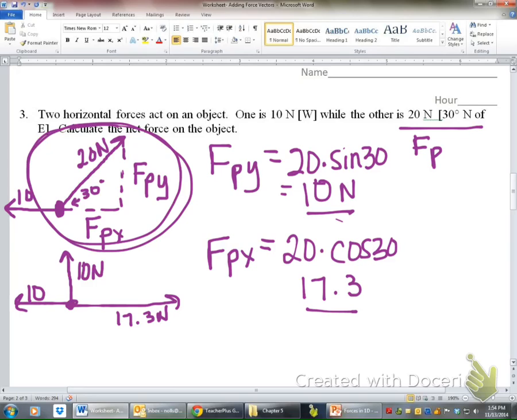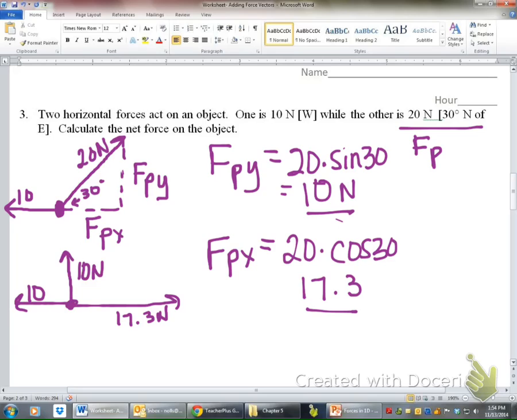So that means its components must then go east and north. Would it be north of east or east of north? North of east. Okay? So now we have our new forces.